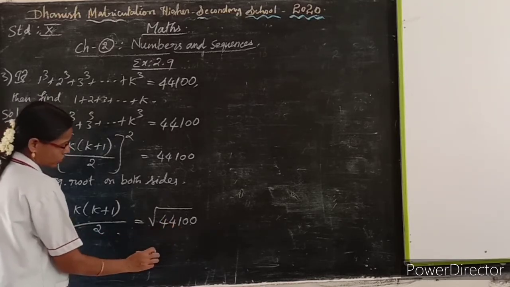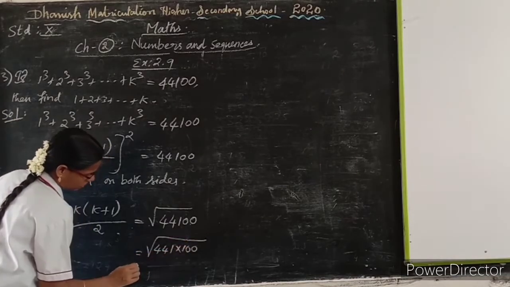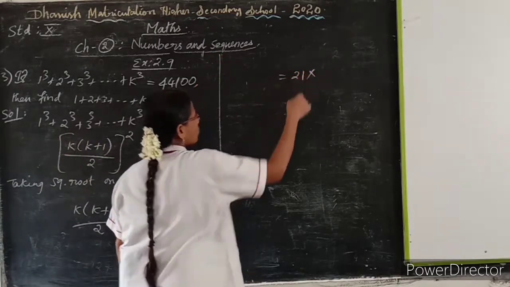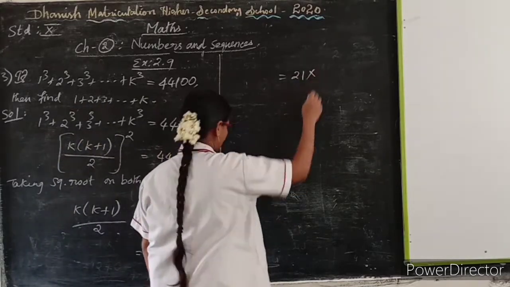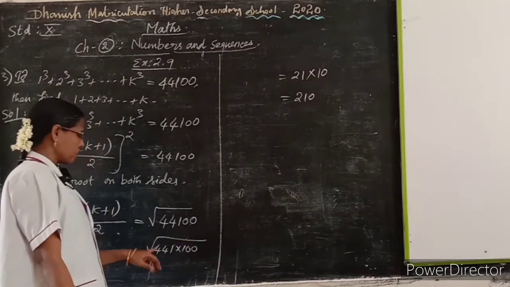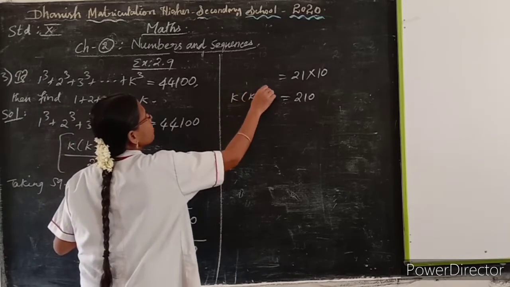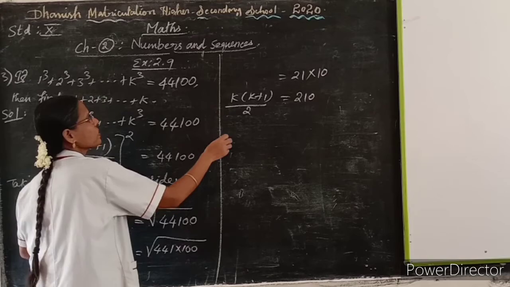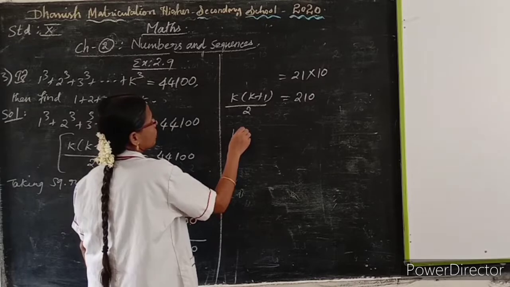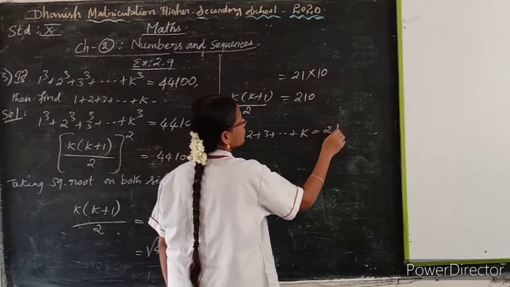It is 210. So 1 plus 2 plus 3 plus etc. up to k terms is equal to 210.